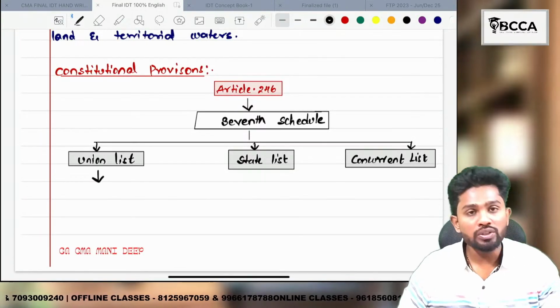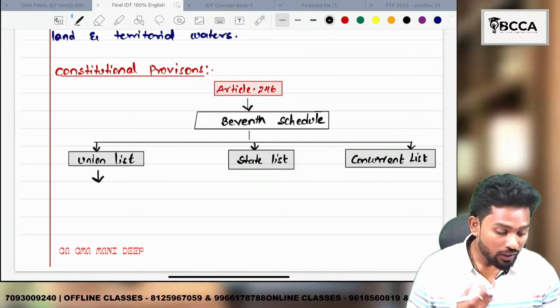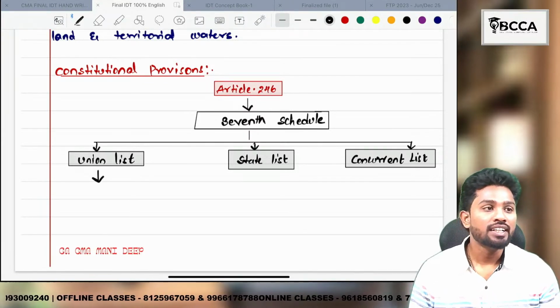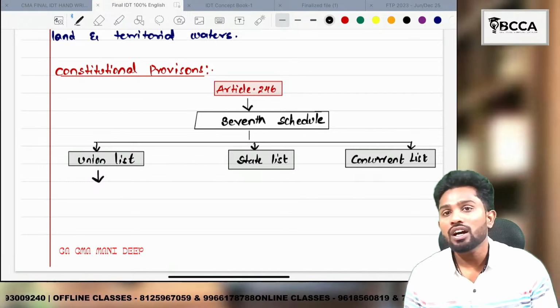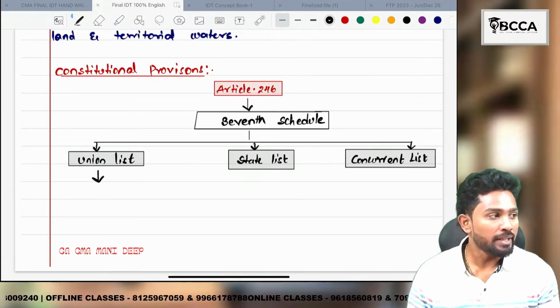Sir, what are these union list, state list, concurrent list? As I have already said, our federal structure, our federal essence says that the powers of central and state should be different. They are independent.